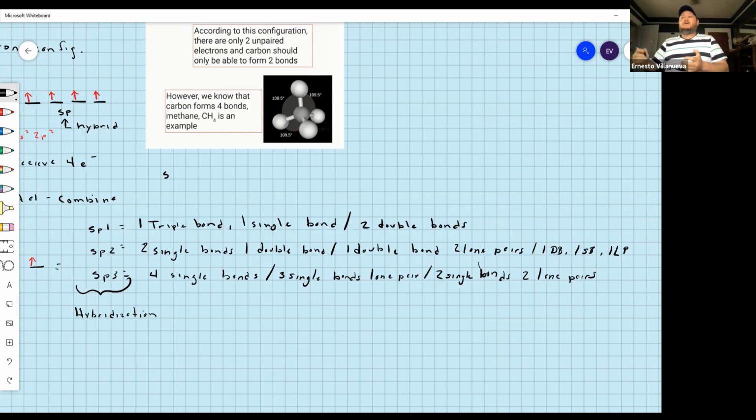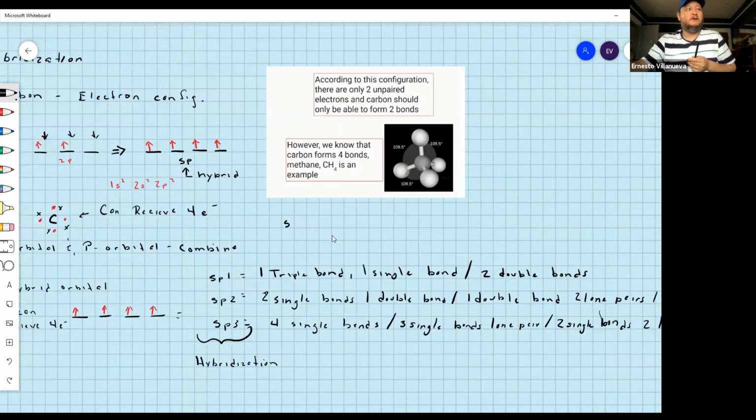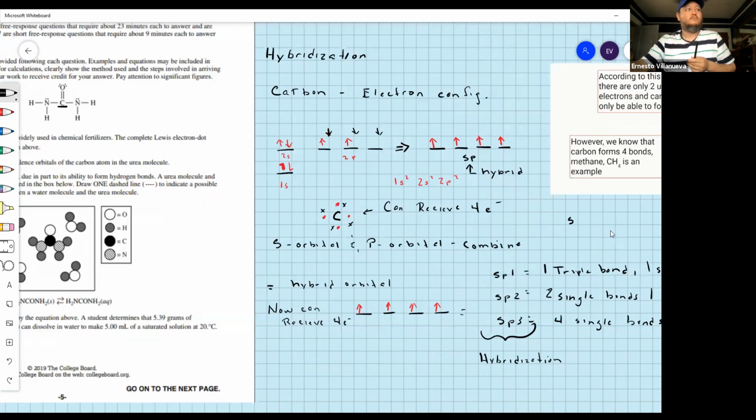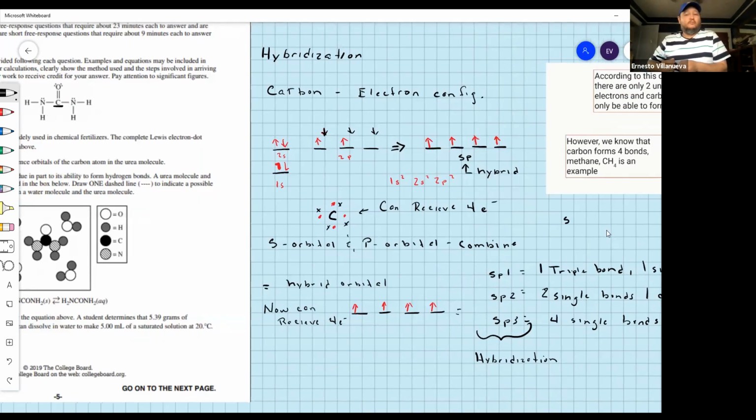All right, so looking at the different types of hybridization, let's take a look at our molecule and figure out what we have. Here's carbon.